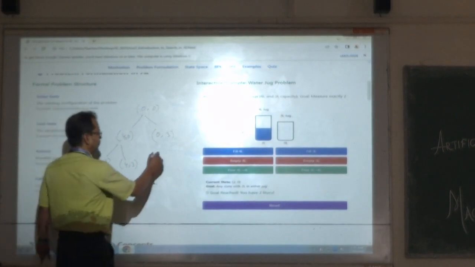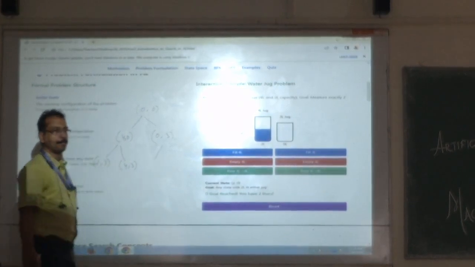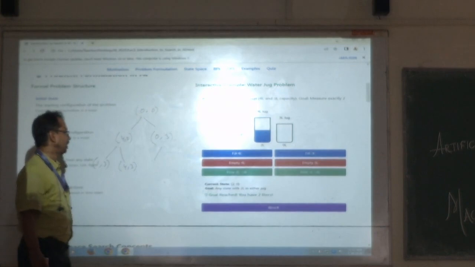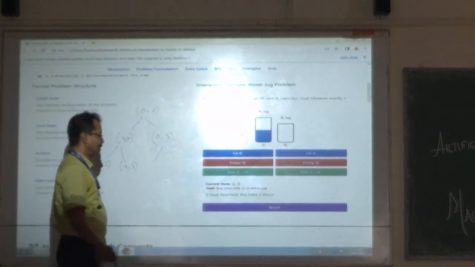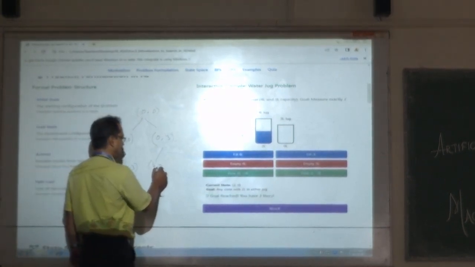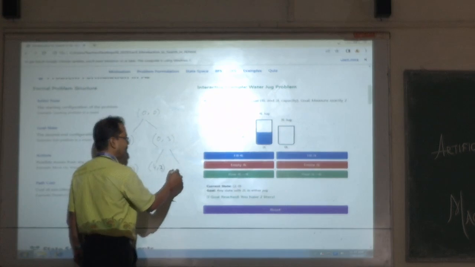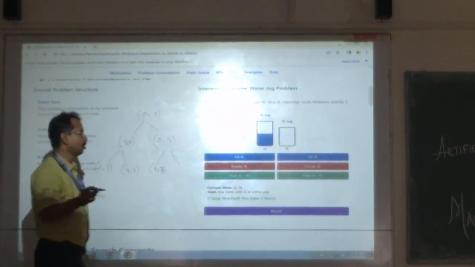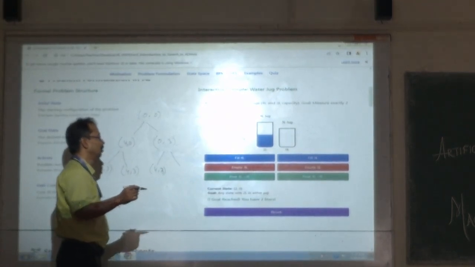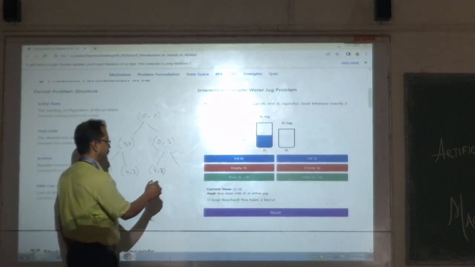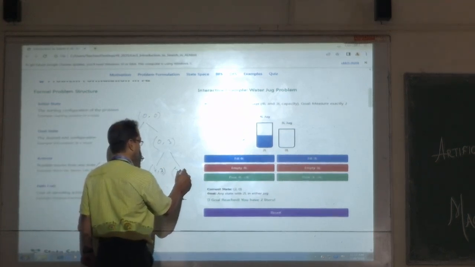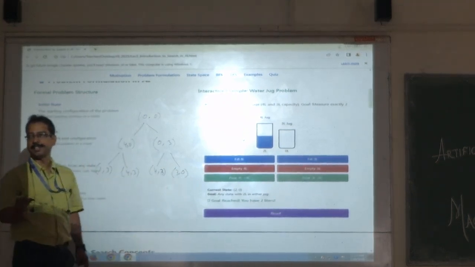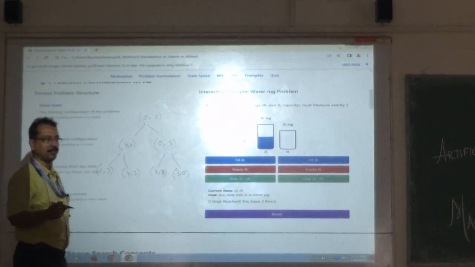From here, what can be the possible actions? 4, 3, then 3, 0. How? 3, 0. Any other steps possible?